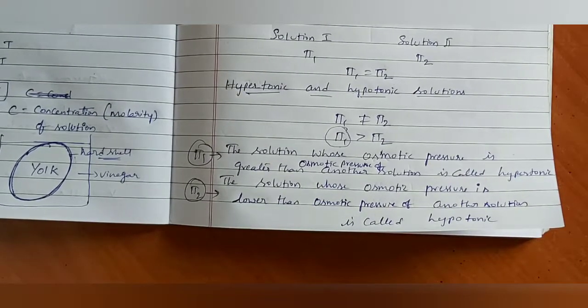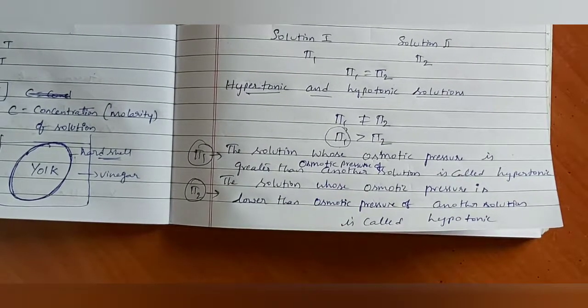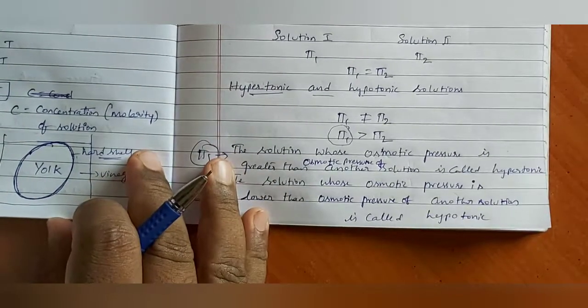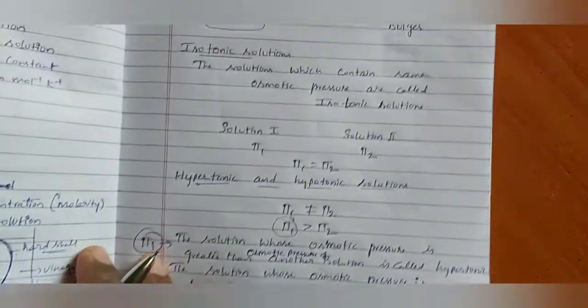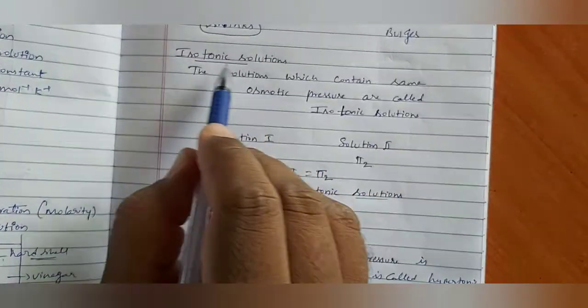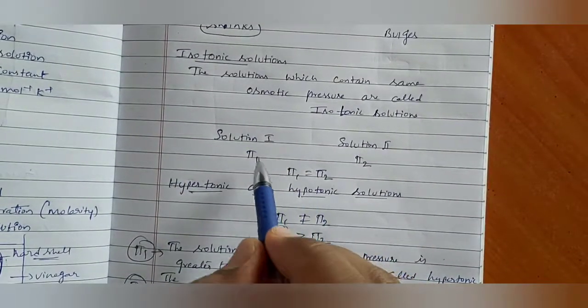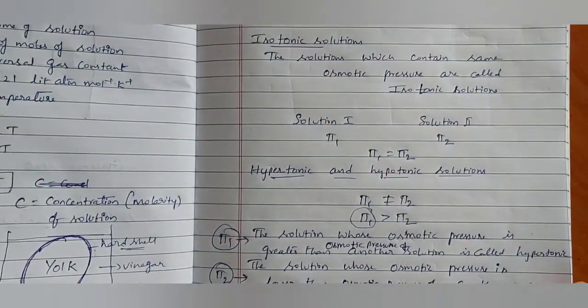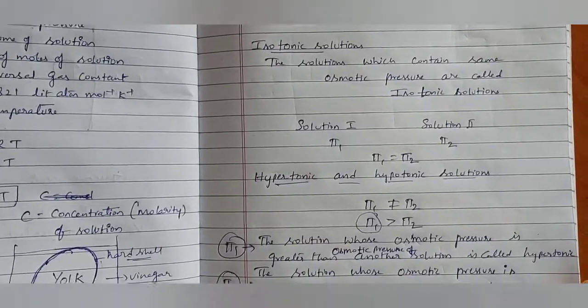The solution whose osmotic pressure is lower, that is called hypotonic solution. When both osmotic pressures are same, those two solutions are called isotonic solutions. In case of isotonic solutions, pi 1 is equal to pi 2. And final one, reverse osmosis.